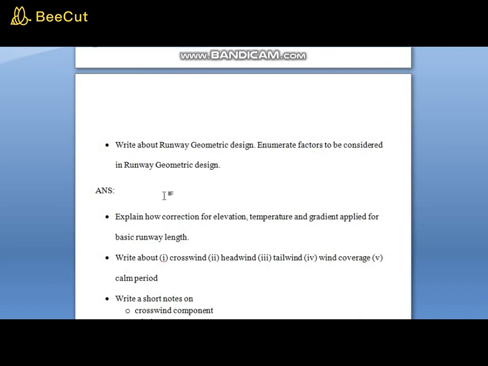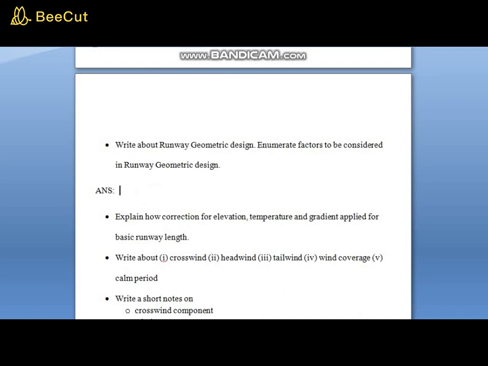Write about runway geometric design, enumerate factors to be considered in runway geometric design. Let us find an answer for this question.